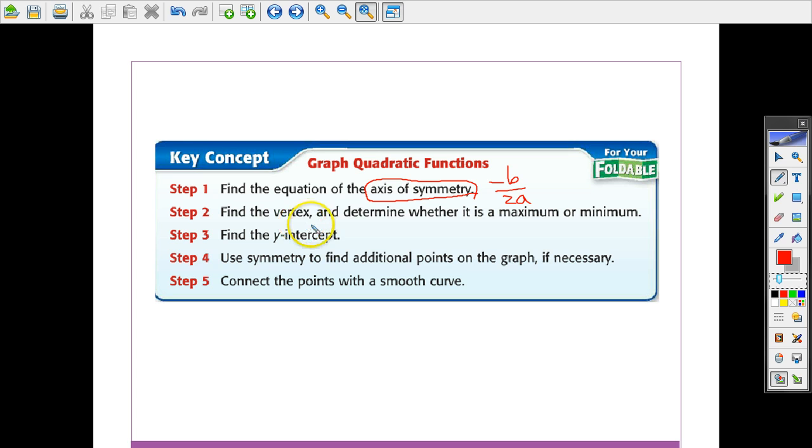Once you find that, find the vertex, and determine whether it's a maximum or minimum, positive or negative. Finding the vertex, you put this back in the equation. That's your x, and find your y. So the vertex should be in x and y form. Y-intercept, it's when you have the equation.